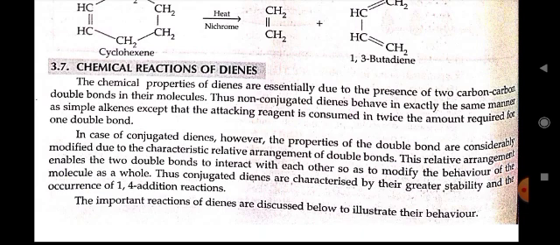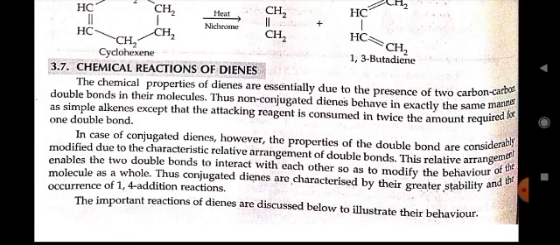The chemical properties of dienes are essentially due to the presence of two carbon-carbon double bonds in their molecules. Thus, non-conjugated dienes behave in exactly the same manner as simple alkenes, except that the attacking reagent is consumed in twice the amount required for one double bond. In the case of conjugated dienes, however, the properties of the double bond are considerably modified due to the characteristic relative arrangement of double bonds.